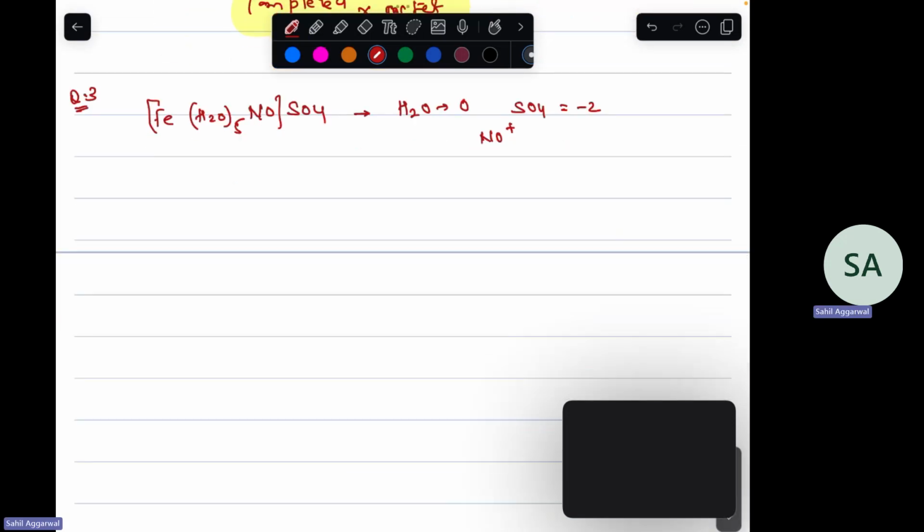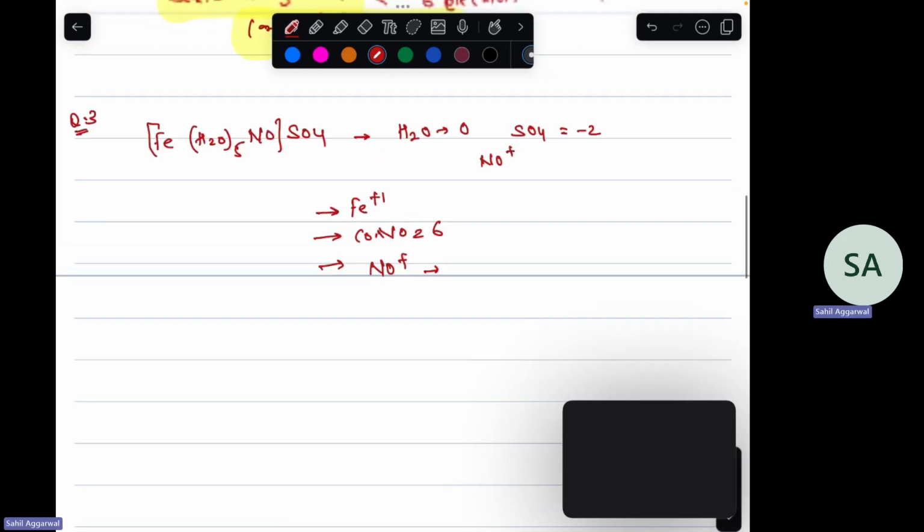On that basis, iron will come out to be +1 oxidation state. 6 ligands are there, so coordination number would be 6. Charge on NO is +1, so it is a cationic ligand.